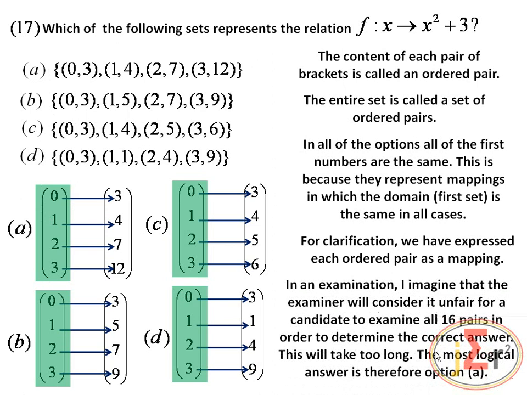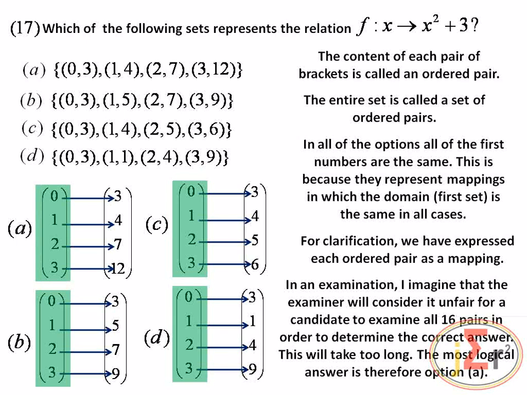In an examination, I imagine that the examiner will consider it unfair for a candidate to examine all 16 pairs in order to determine the correct answer. This will take too long. The most logical answer is therefore option A. So, in order to determine which one of these represent this mapping, without being strategic about it, candidates might want to check each one of these, all the way down, until they are able to identify the correct answer.